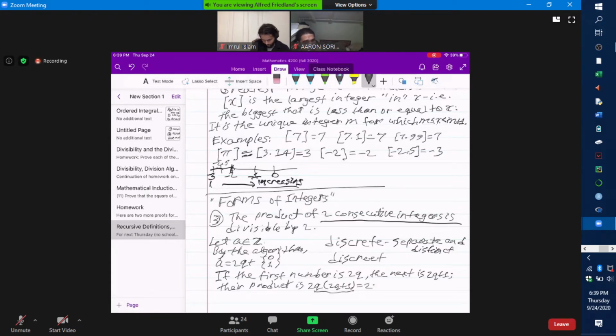Okay, so again, by closure, if q is an integer over here, 2q is an integer, 2q plus 1 is an integer by closure.